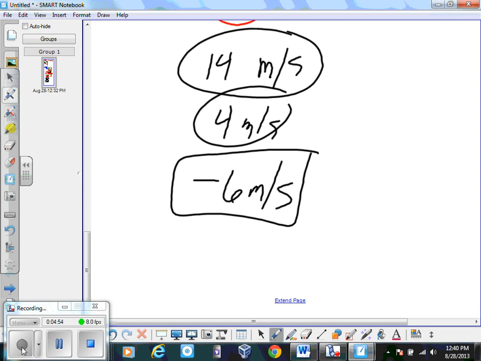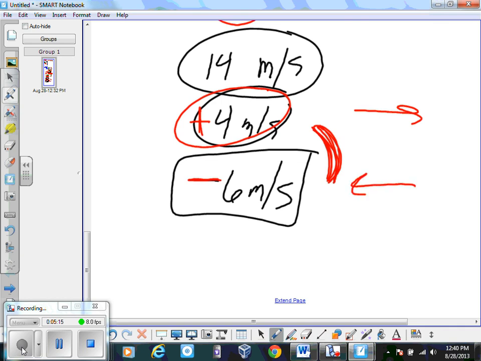See how that works? So what ends up happening essentially is that I start going in a different direction. Somewhere between here and here, my acceleration caused me to go in the negative direction, which is that way.